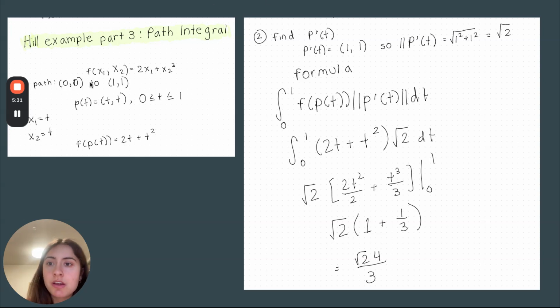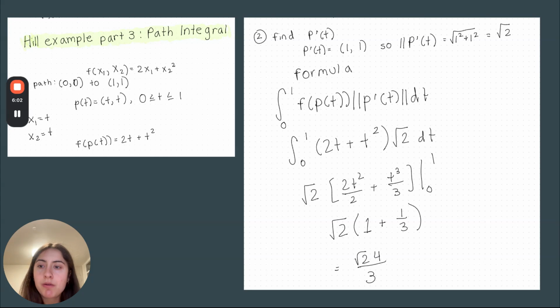Using our same function, f of x1, x2 equals 2x1 plus x2 squared, let's suppose I hike the path from point (0, 0) to (1, 1) in a straight line. We can represent this path as p of t equals (t, t), where t goes from 0 to 1.